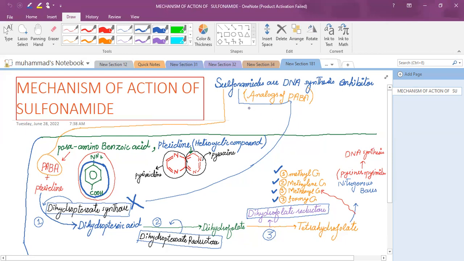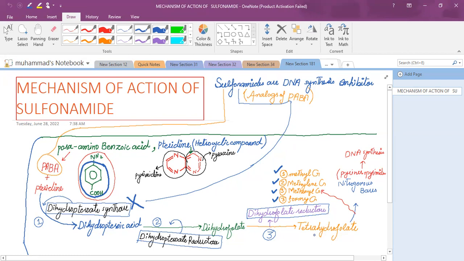What are sulfonamides going to do with bacteria? Sulfonamides are analogs of para-aminobenzoic acid. So they compete with actual para-aminobenzoic acid and they get combined with pteridine. So in this way, pseudo dihydropteroic acid is formed. Ultimately, pseudo dihydrofolate is formed.